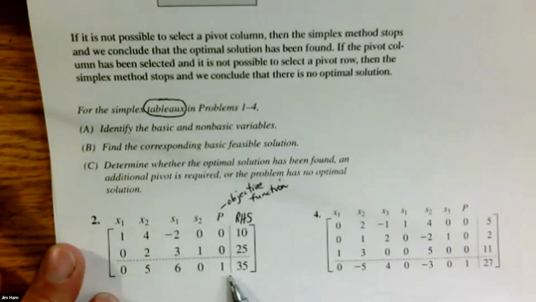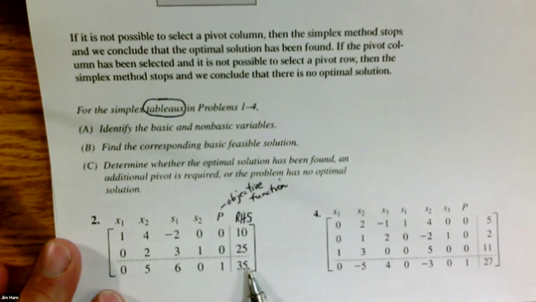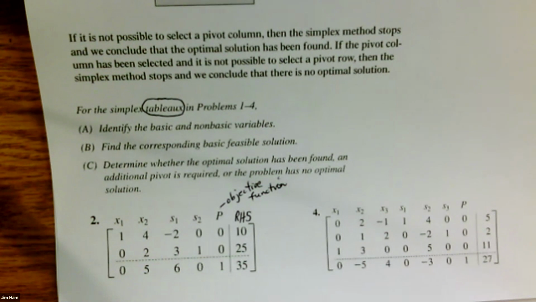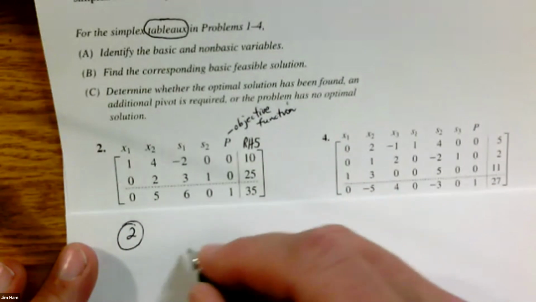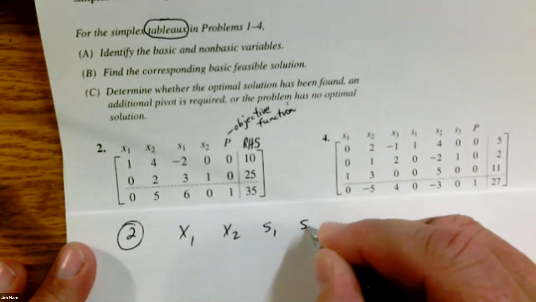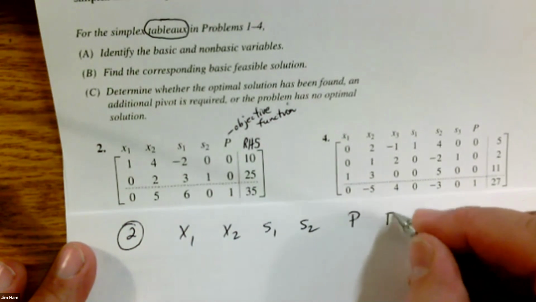So for this one, the maximum has been achieved, because there are no negative numbers in the bottom row. Over here, however, you'll see a couple of negatives. If you see a negative in the bottom row, then that means that the solution is not there. All right, so x1, x2, s1, s2, p, that's the objective, and then the right-hand side.